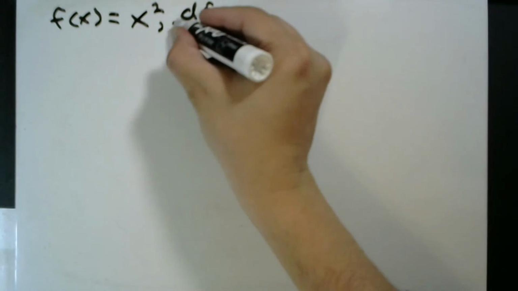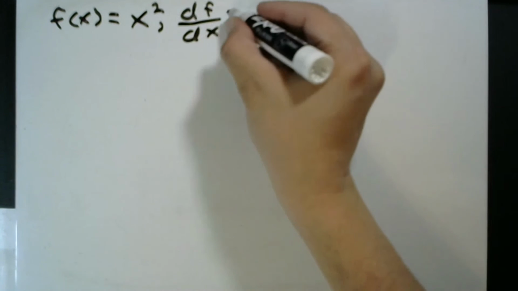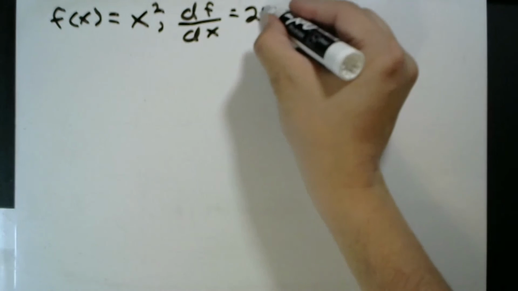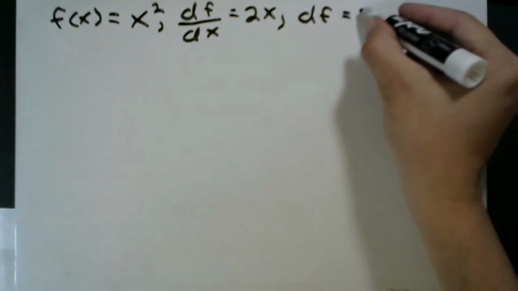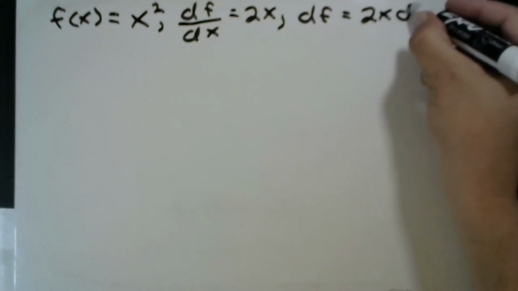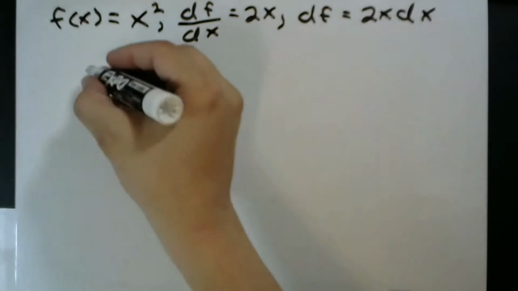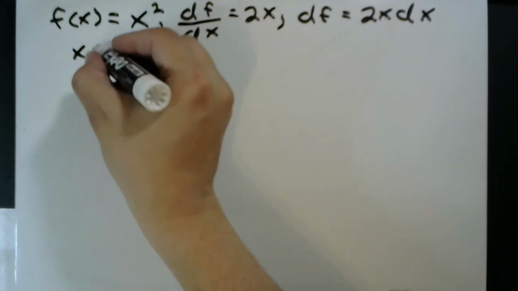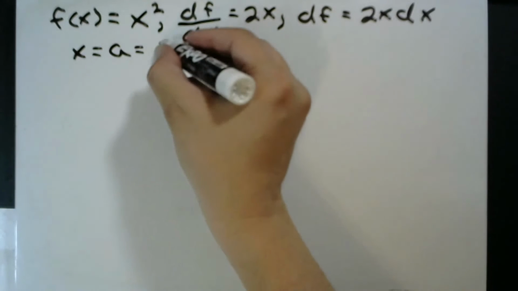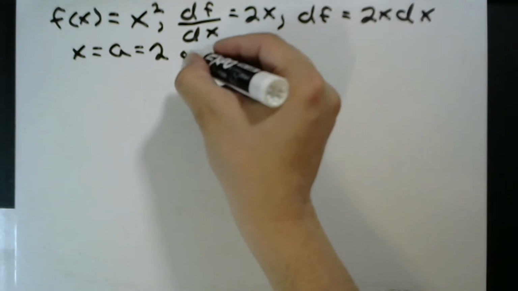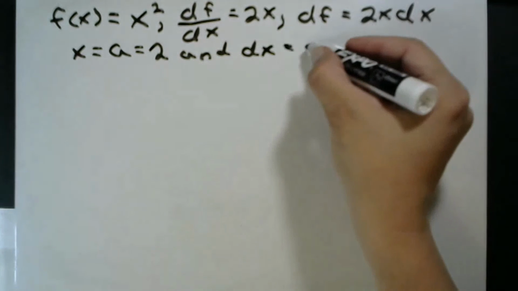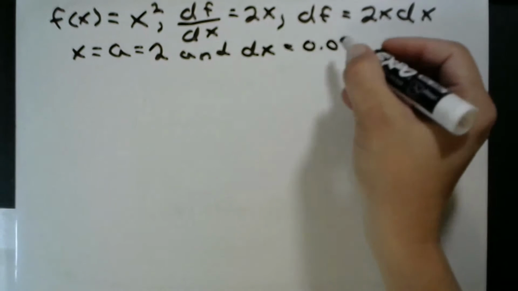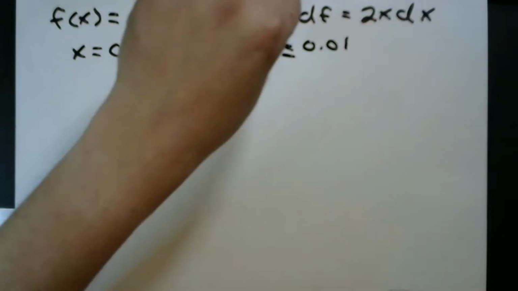So df dx is 2x. So the differential is 2x dx. And we want to keep in mind our x equals a is 2, and our dx is 0.01 or 1/100th.